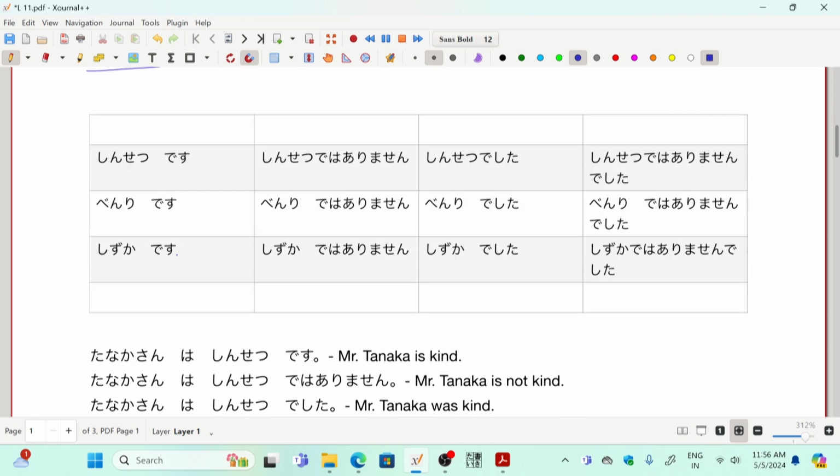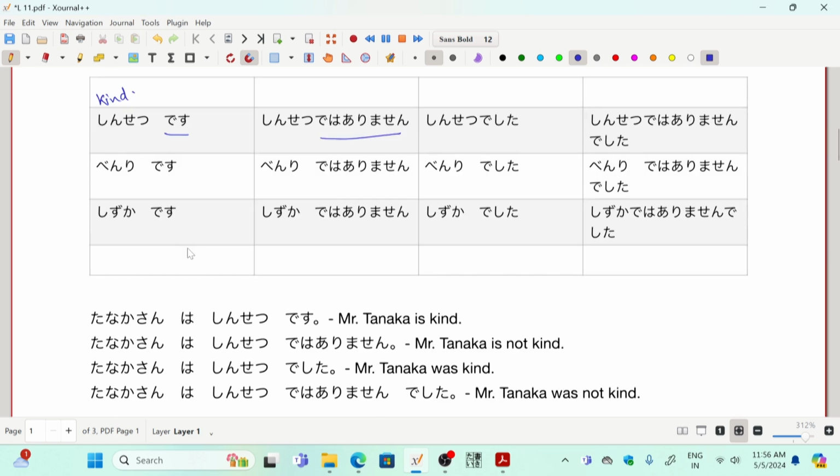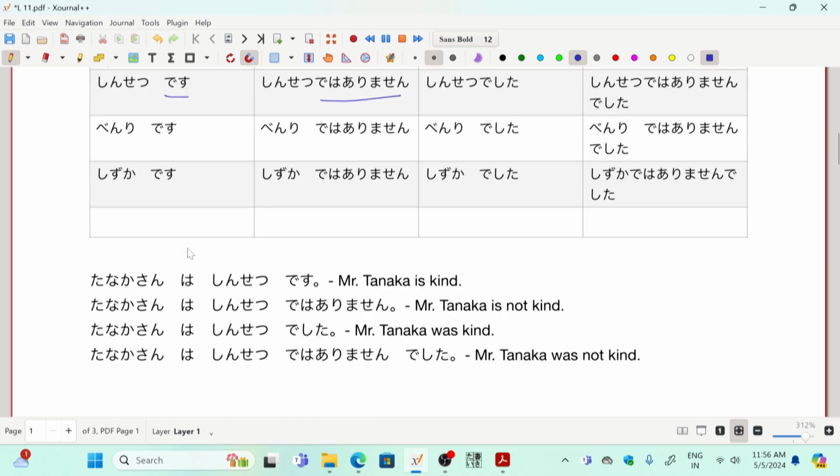Next, when it is na type adjective, how do we change into negative, past and past negative? It's very easy. This will change into ja arimasen. So shinsetsu is kind. So when I say Tanaka-san wa shinsetsu desu, it is Mr. Tanaka is kind. So when I say Tanaka-san wa shinsetsu ja arimasen, Mr. Tanaka is not kind.